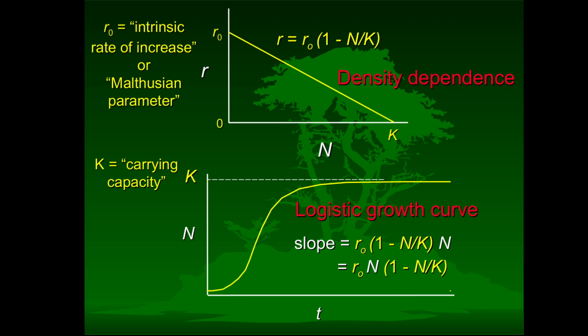Some feature of the environment is reducing little r, but how much it reduces little r depends on the density of the population. It's density dependent. Density dependence is just defined as a change in the survival or fecundity of an individual as a result of the number of individuals in the population, which is the density or number per area.